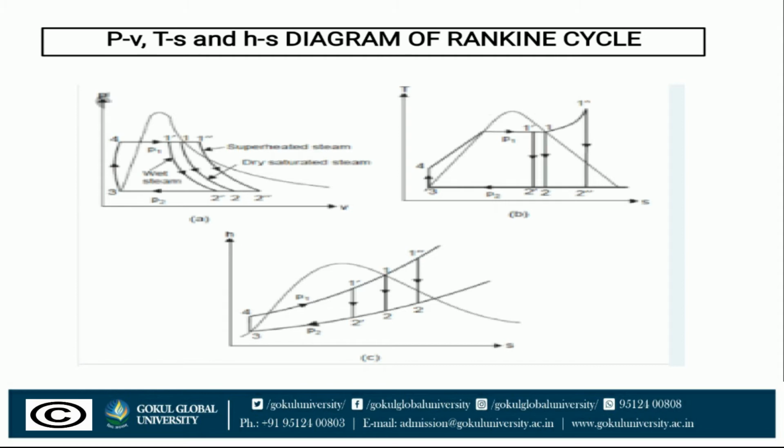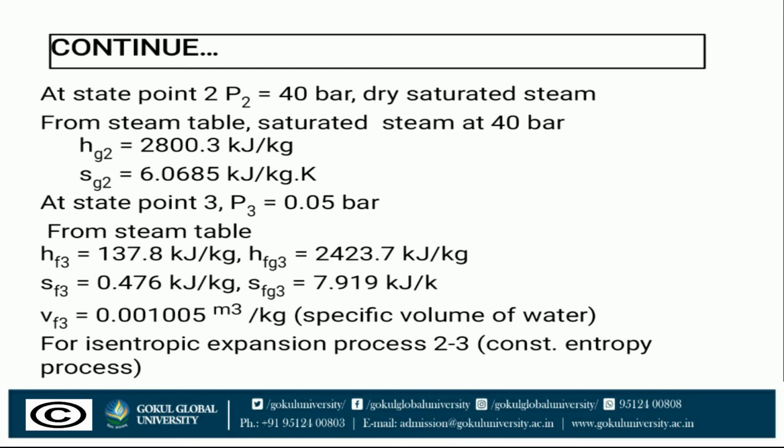In the given example, the pressure drops from 40 bar dry saturated to 0.05 bar. We can show in the PV diagram that a pressure drop from P1 to P2 means it is an expansion process. At point number 2, steam particles are present coming from the boiler.